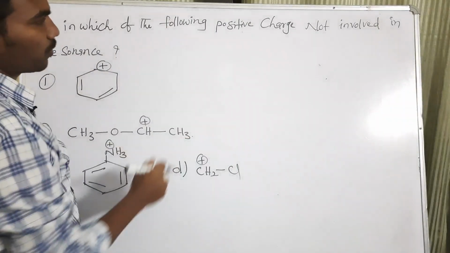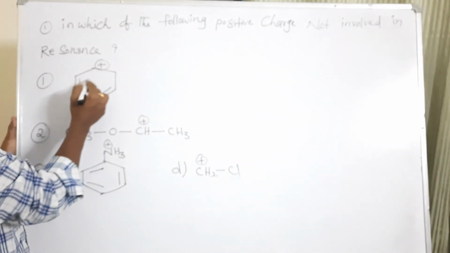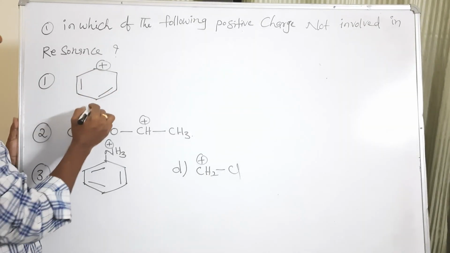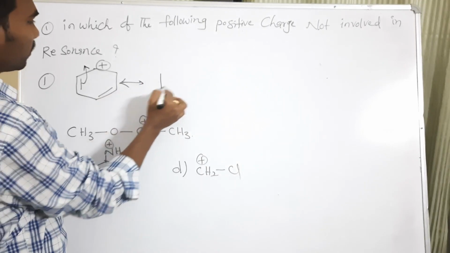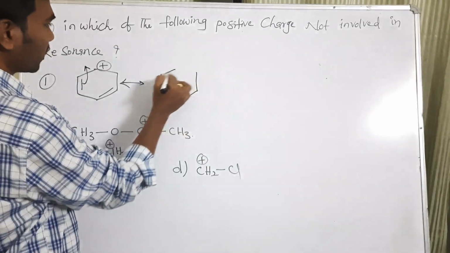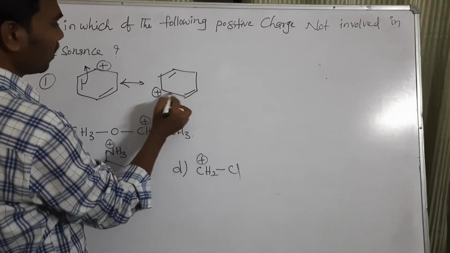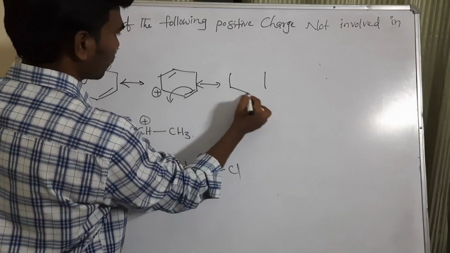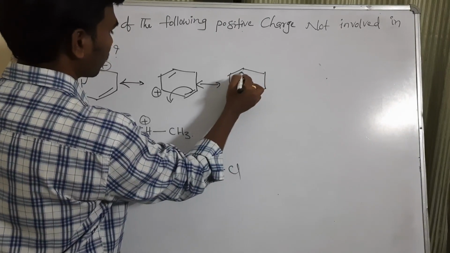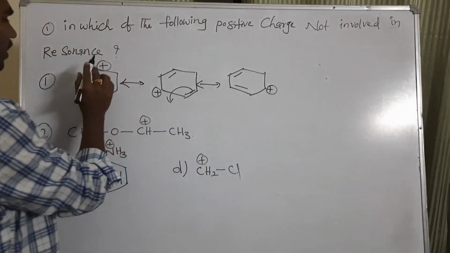In which of the following is the positive charge not involved in resonance? Just check whether it will be involved in resonance or not. If I shift the double bond like this, then it is going to participate in resonance. Here the double bond will come, here the positive charge. So it is participating in resonance structure.